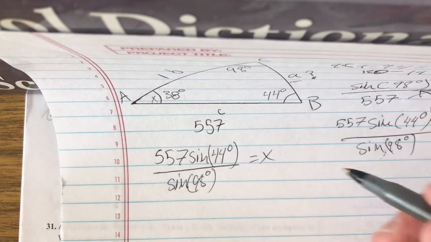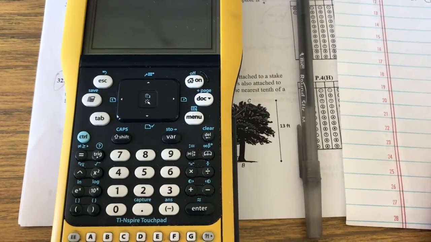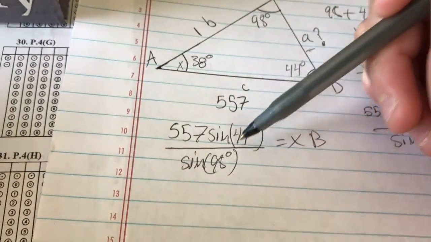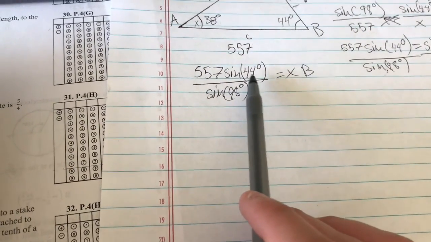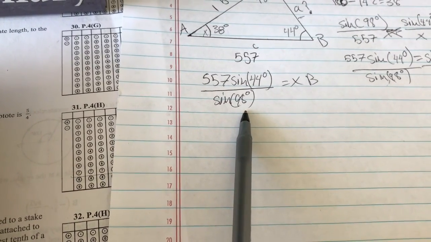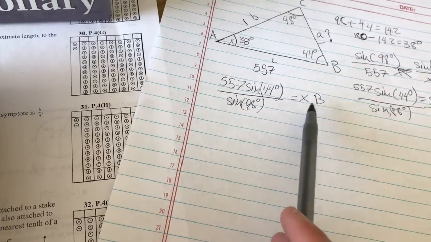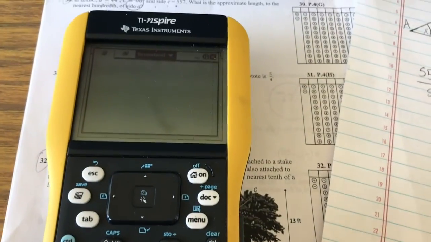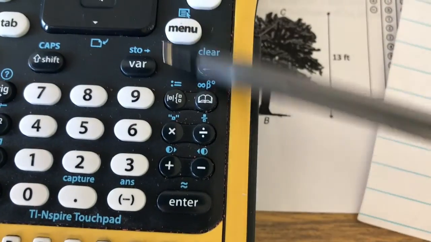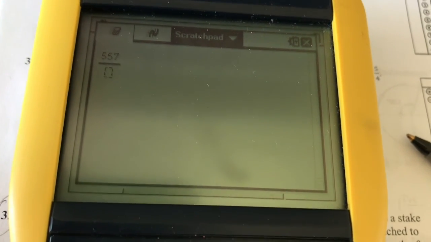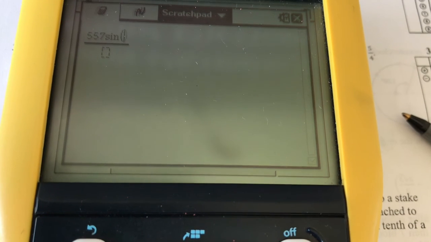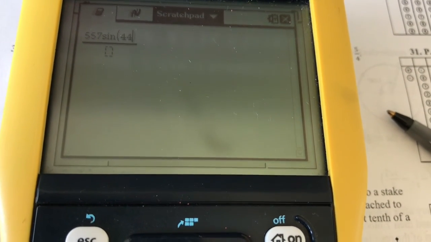Now we can use our calculator to find x. We want to divide the top by the bottom: 557 sine of 44 degrees, divided by sine 98 degrees, so we can get our side B. Go ahead and type 557 sine, then our angle 44.